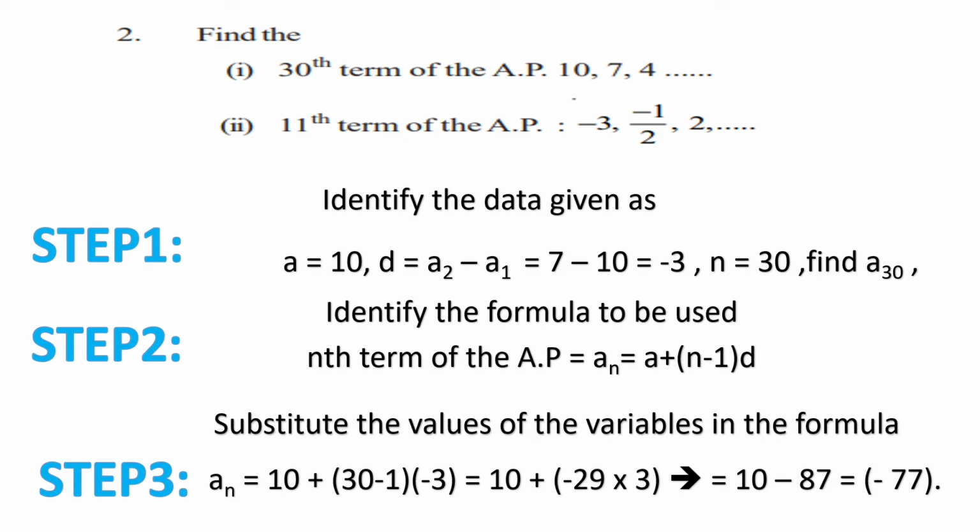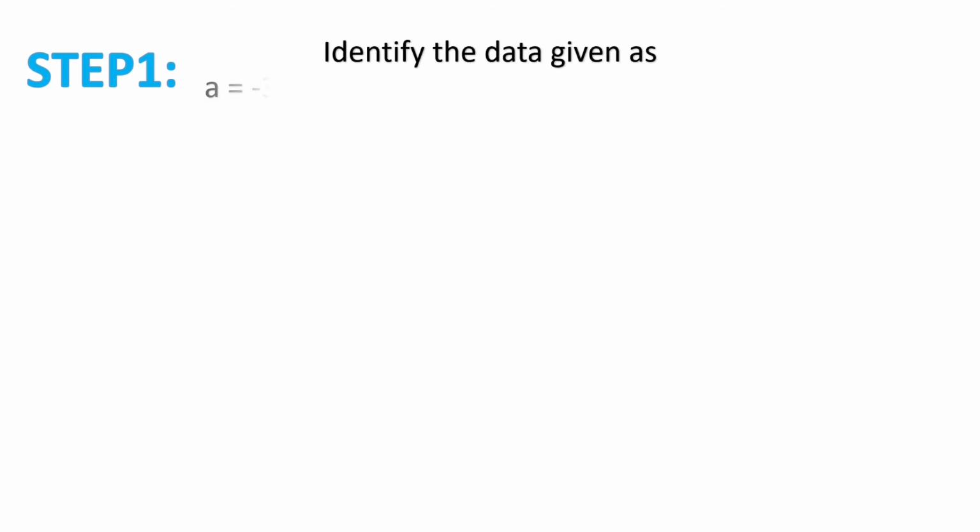So the formula required is an is equal to a plus n minus 1 into d. Then after substituting the given values in the formula and calculating, you get the value of A30, that is the nth term which needs to be found, as minus 77. How did you get this one? Calculate and find out.